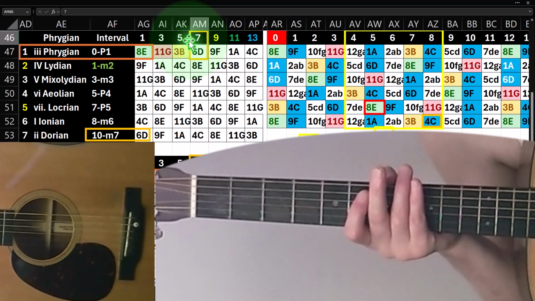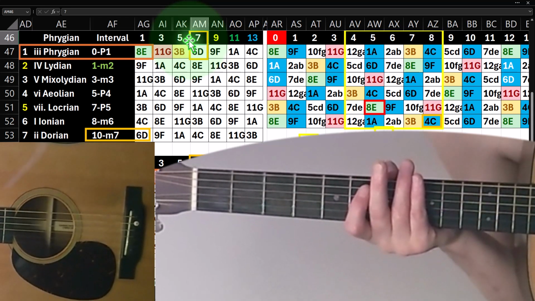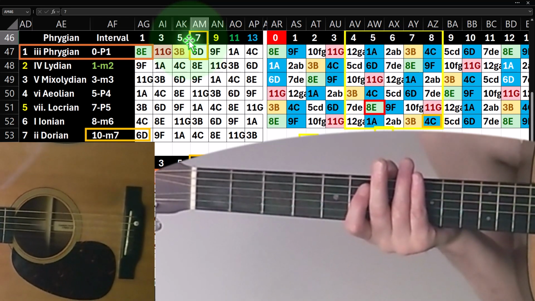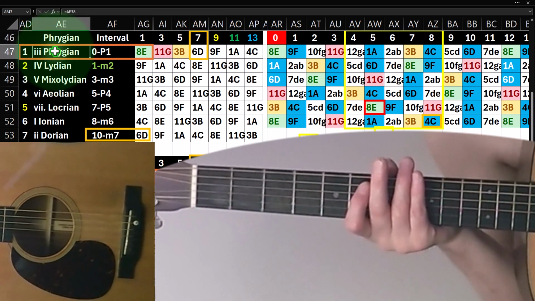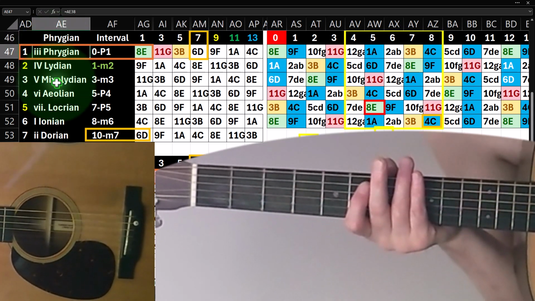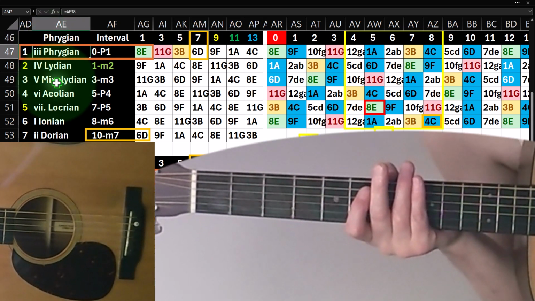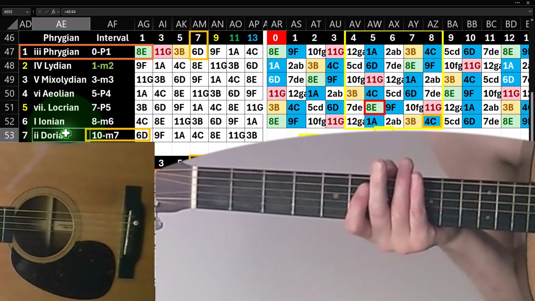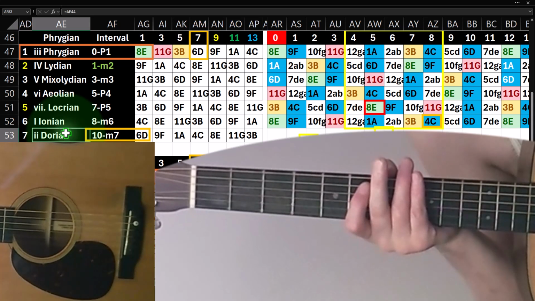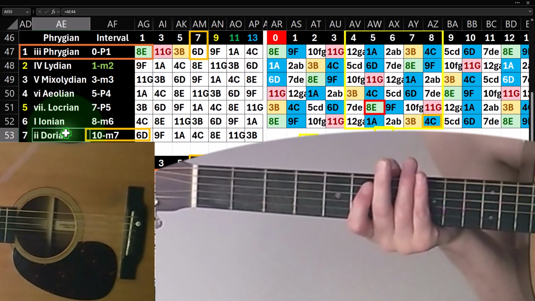All the minors, by the way, have the same minor 7, so there is no major 7 in a minor mode. In other words, whether we're playing the Phrygian, the Aeolian, or the Dorian, they all have a minor 7. But on the major side, they're not all major 7s, right?